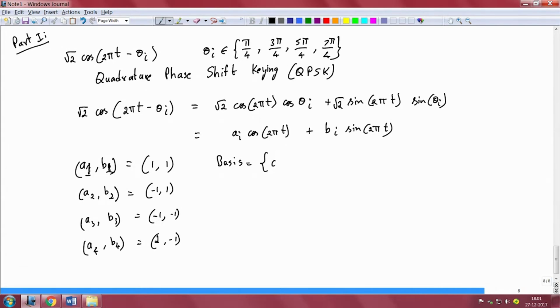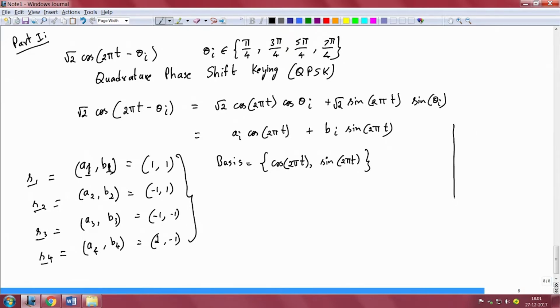The basis is nothing but cos 2 pi t and sin 2 pi t, and these form the signal points. I can call them S1, S2, S3, S4. So, these 4 form the points in the signal space.